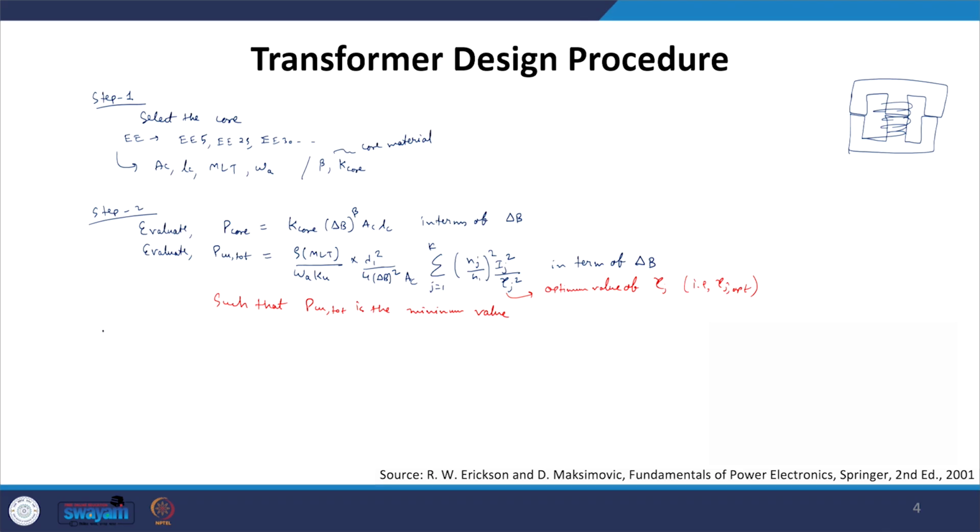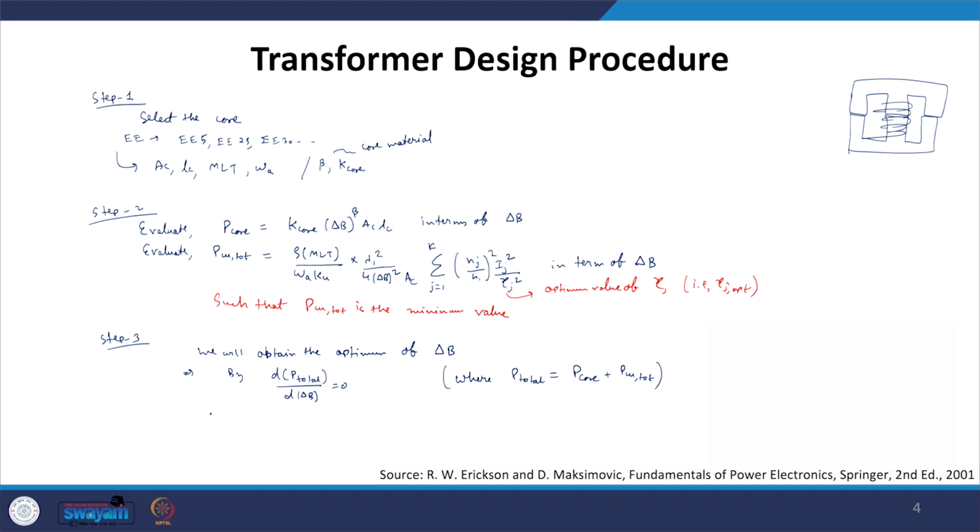Now after that we will go to step number 3, where we will do the optimization for delta B. So we will obtain the optimum value of delta B. Again, one simplistic method is you can do it by doing dP total divided by d delta B equal to 0, where our P total is nothing but our P core plus total copper loss.